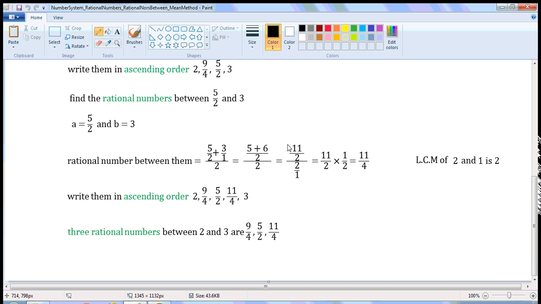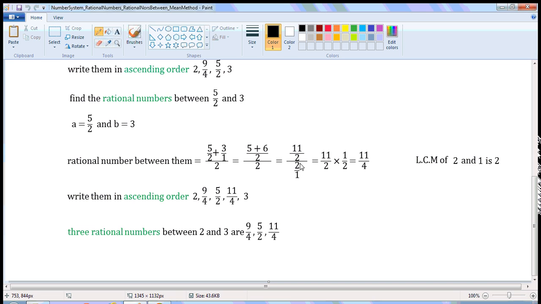So we can write it as 11 by 2 by 2, and we can write this 2 as 2 by 1. Now this means we have to divide 11 by 2 by 2 by 1.